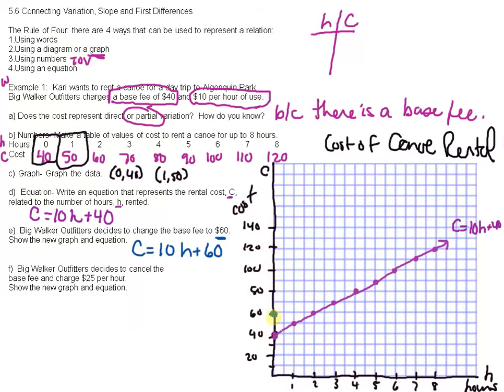So plot your C-intercept and then go up by 10 each time. Okay, and we can label this blue one C equals 10H plus 6. Oh, sorry, 60.